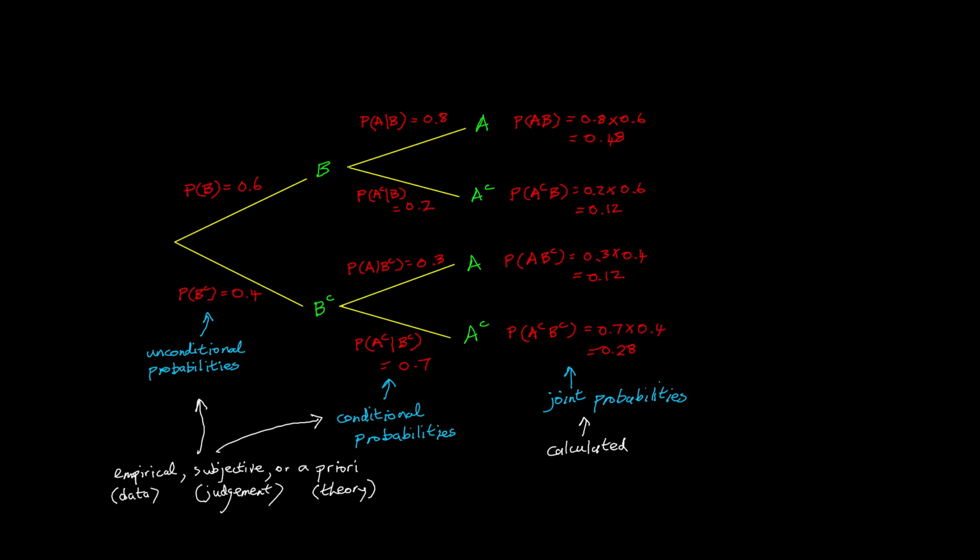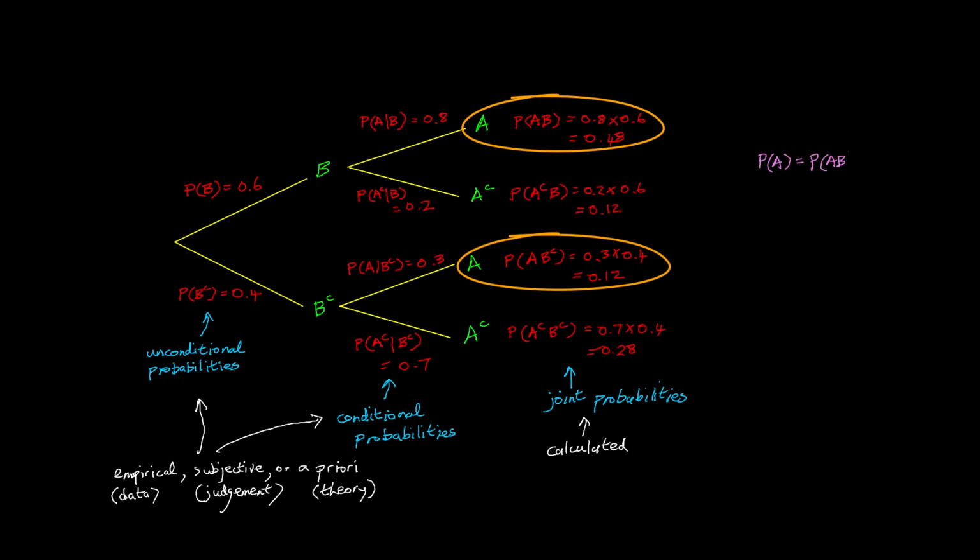So we calculate the overall probability of A by identifying each of the branches at which there is an A occurring, and those are the first and the third branches in our probability tree. So it is simply a matter of adding the 0.48 for the probability of A and B to the 0.12 for the probability of A and not B occurring, giving us an overall probability for A of 0.6.